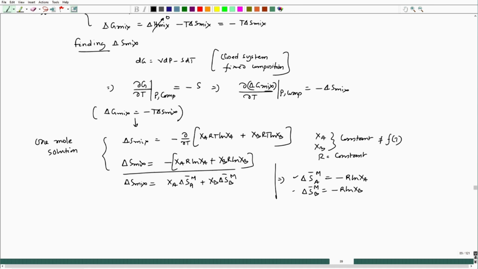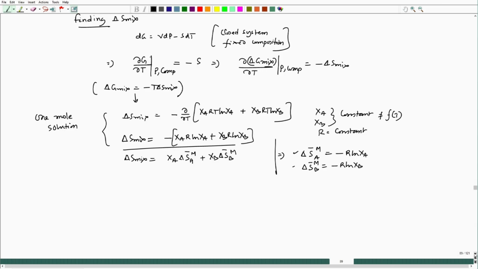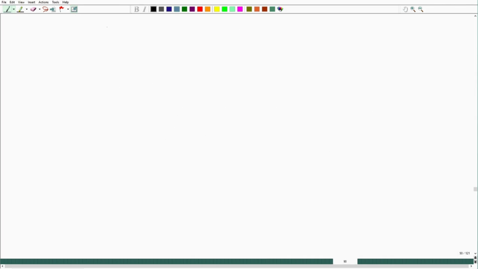And now, let us understand the physical significance of it. In fact, we can understand the physical significance of delta G mix, delta H mix, delta V mix and delta S mix.